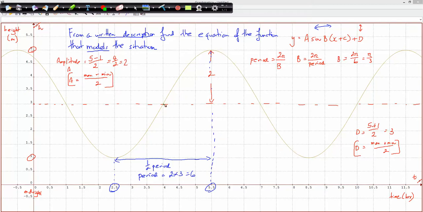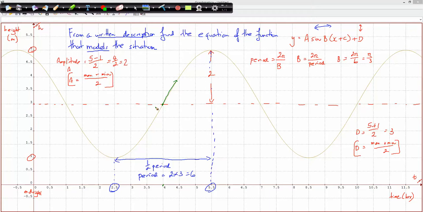That's certainly occurring about here, and from there on it certainly looks like a sine curve. So it looks like the sine graph has been shifted across 4 units, in this case 4 hours, if we use the units along the x-axis. So c would be equal to 4.